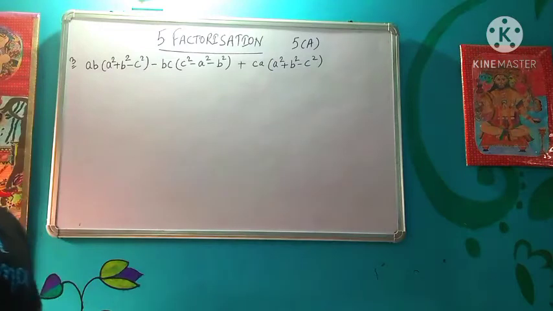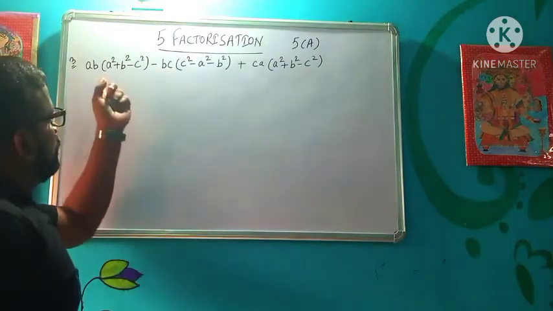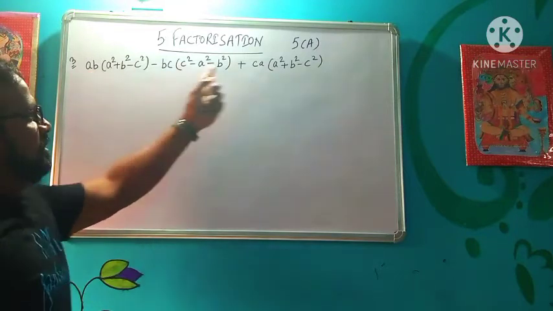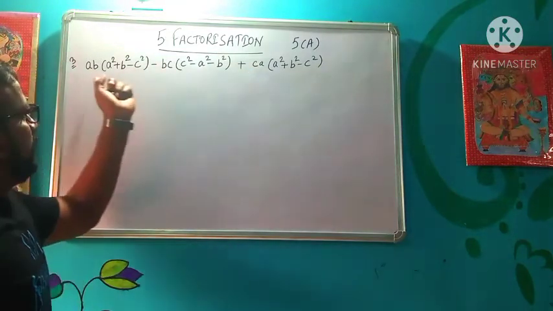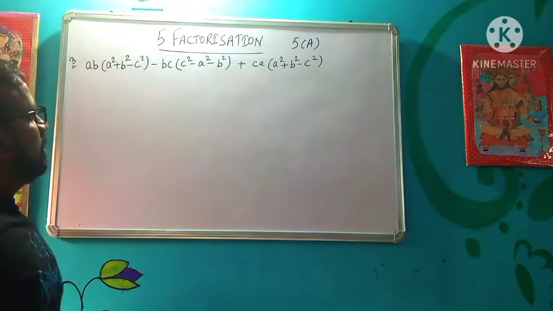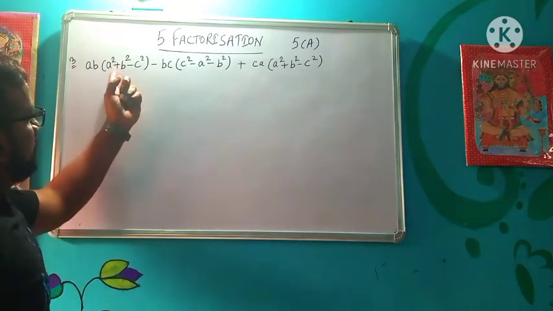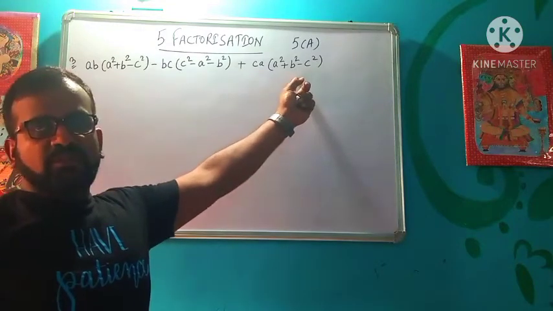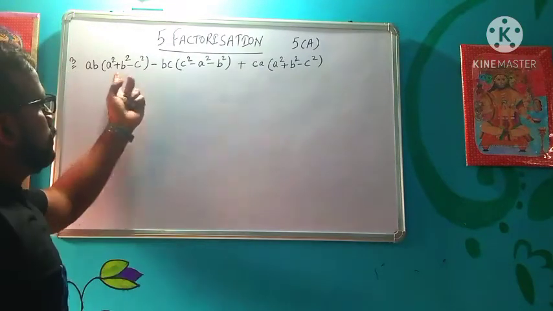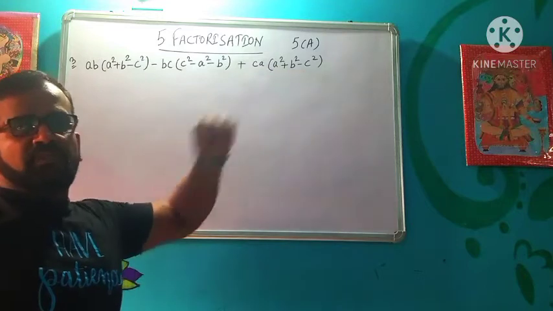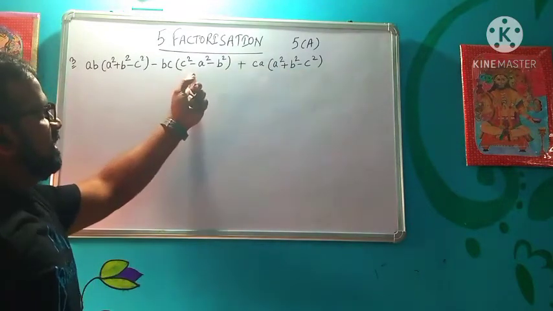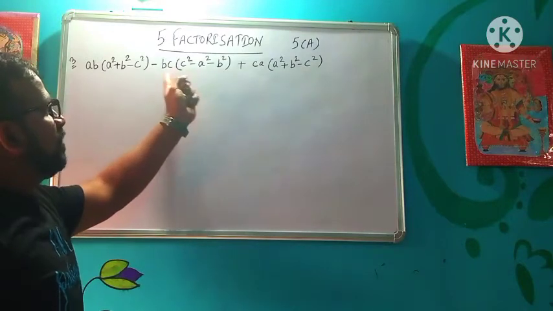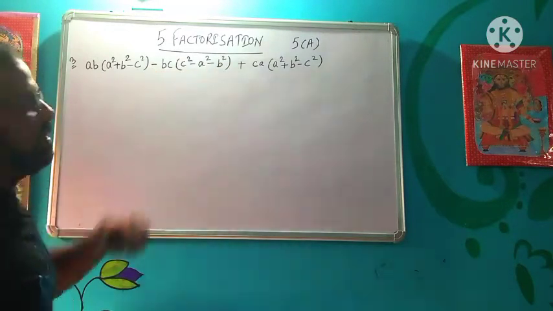Okay, let's discuss one more problem. In this, if we see carefully, AB, BC and CA, we cannot take any of the terms as common. This is a square plus b square minus c square, and it is also a square plus b square minus c square. So two terms are the same, but here this term is not the same. So I am going to make it the same by multiplying inside with the minus sign.